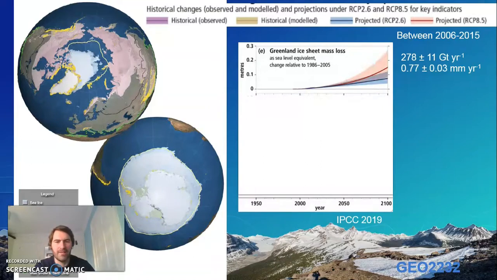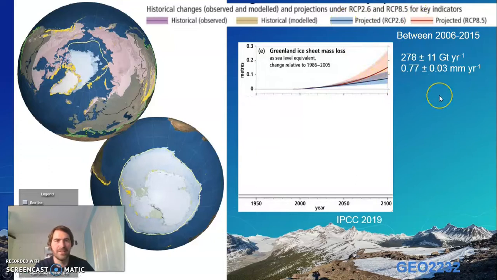And as you extend it further, you can see from this graph that these are projections based on the scenario 8.5 and also the 2.6, with the uncertainty shown by the boxes.